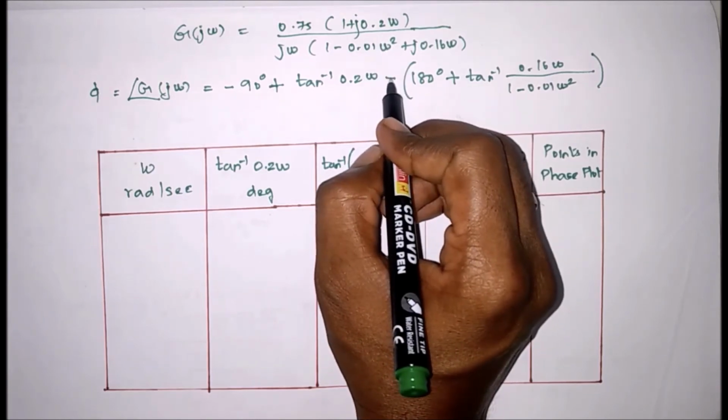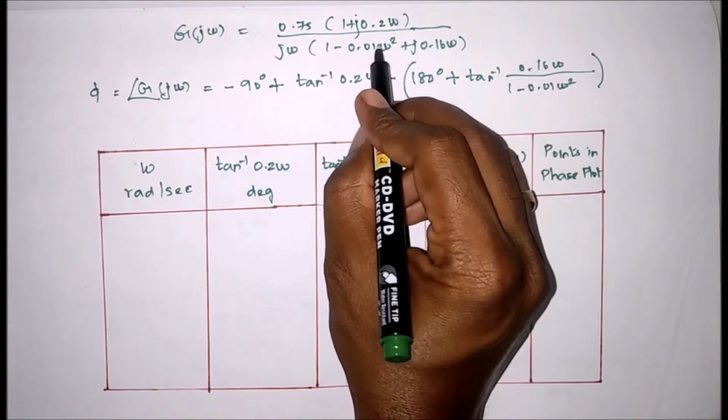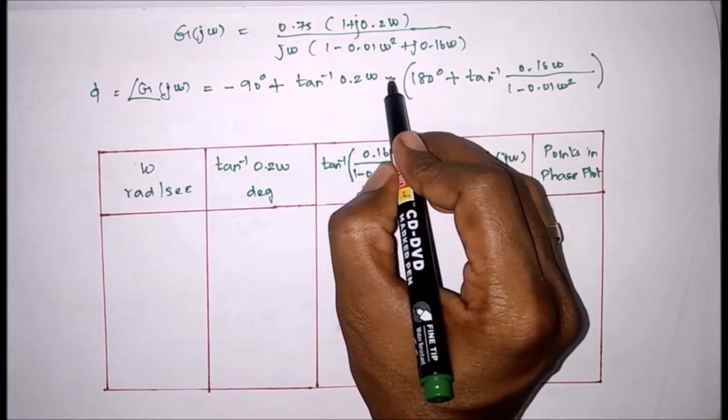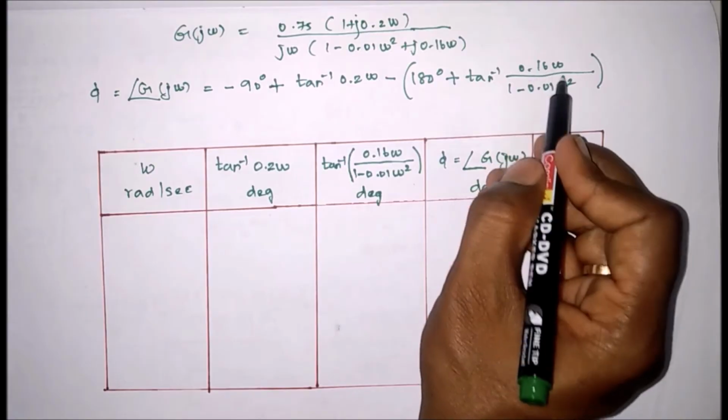We have considered the minus common, therefore we can use plus 180 plus tan inverse of imaginary divided by real. If we multiply this minus inside, it will become minus 180 minus tan inverse of this term.